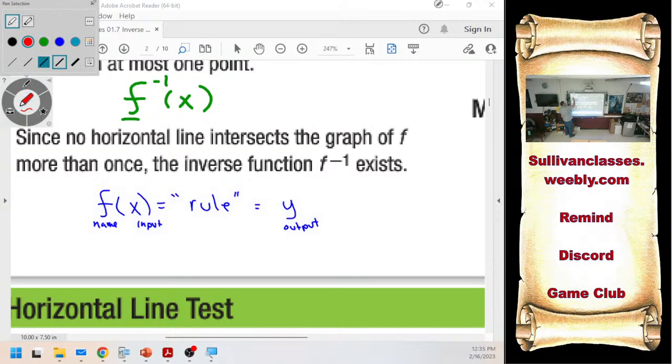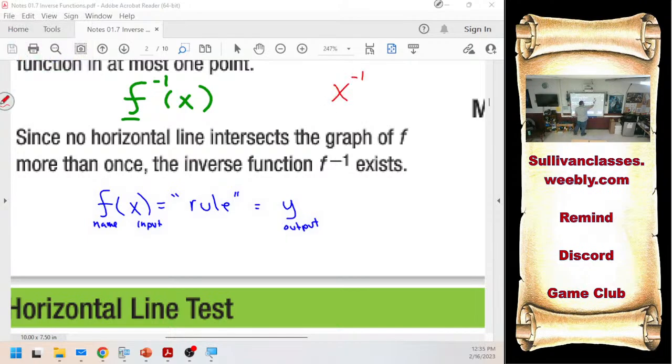And the reason I didn't like it is because what does a -1 normally do? Make it like 1/x. It's a reciprocal, right? So there's kids who will see this and they'll incorrectly think I flip it. But I don't because it's on the name of the function, not on the rule of the function.